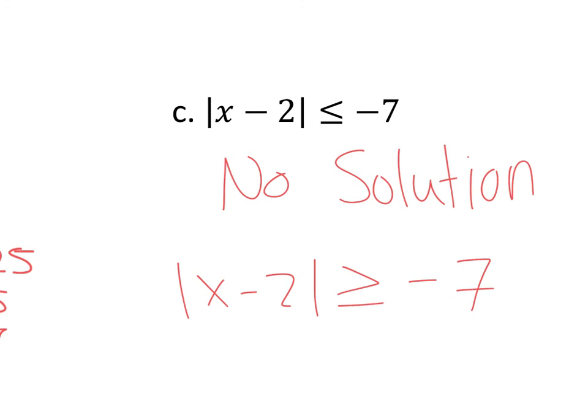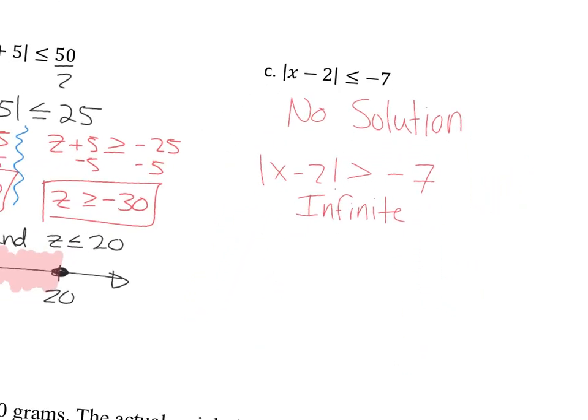Actually, I need to take this off. How many solutions would this be? Infinite. Does that make sense? Because absolute values are always greater than negative numbers. So that's why you would have infinitely many solutions. Okay? There you go.